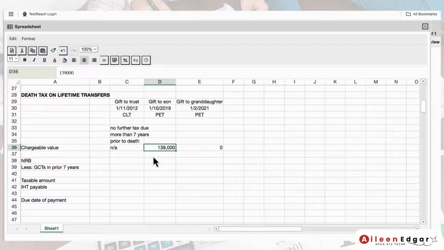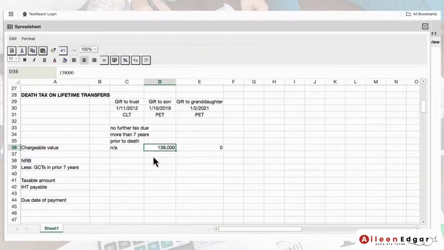And so we go through a similar process that we did for our CLT during lifetime, and we look and see whether there is nil rate band available to use against this value in order to reduce it. So yes, there is. The nil rate band operates on a 7-year rolling basis.